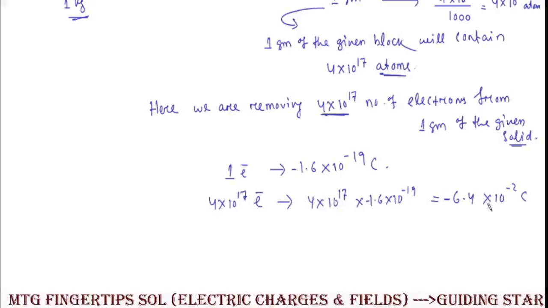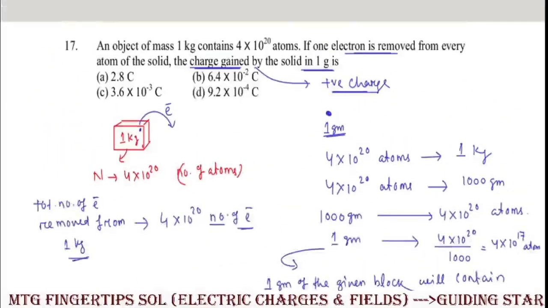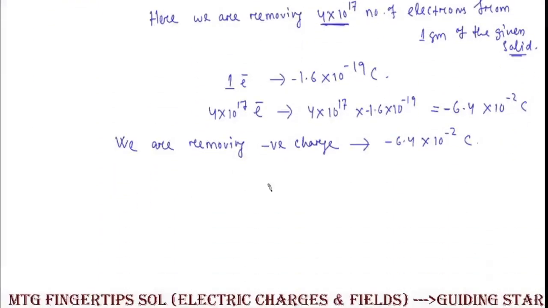So here in this particular case, as we are removing electrons, how much negative charge are we removing from 1 gram? Minus 6.4 into 10 to the power minus 2 coulombs of negative charge. Clear? That means that object will acquire an equal amount of positive charge.